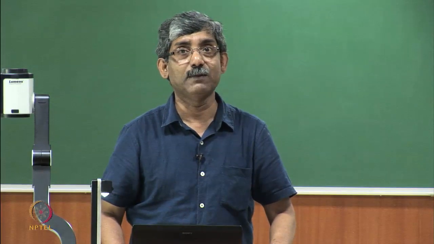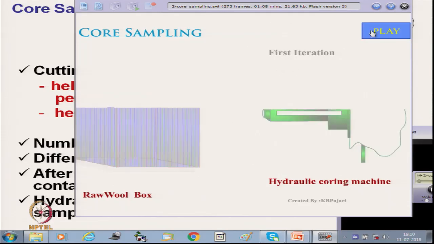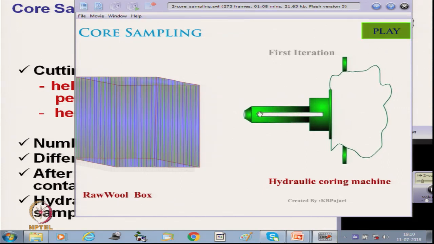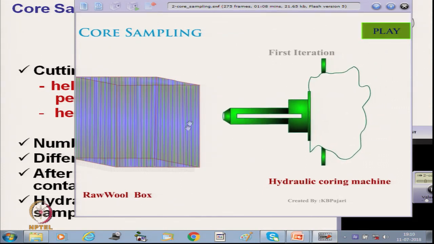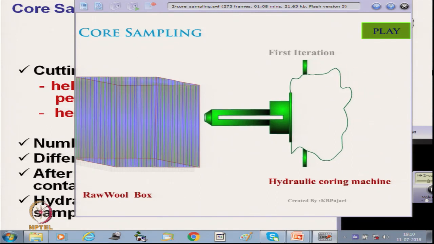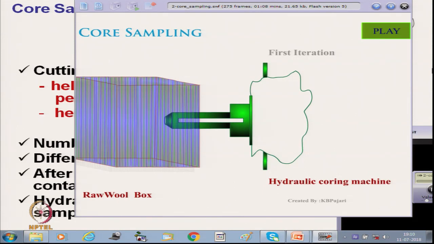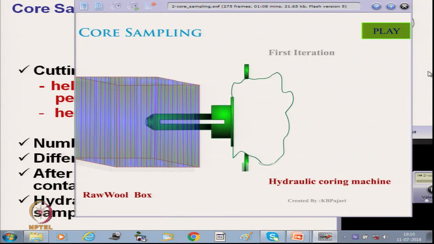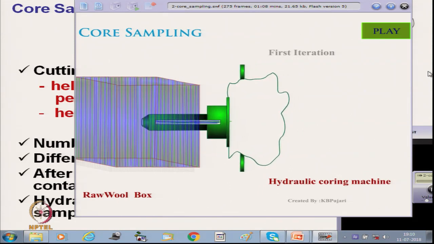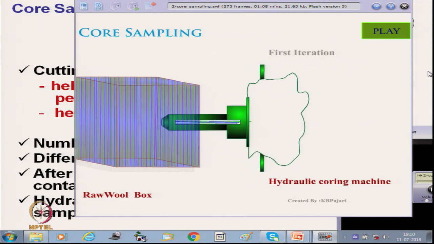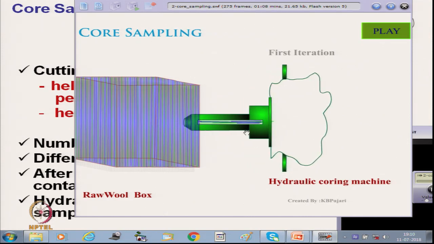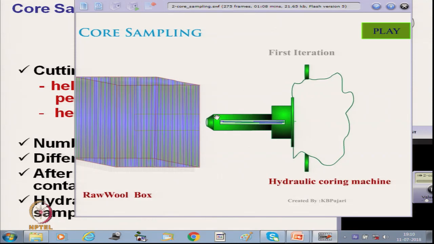Now, let us see the animation here. This is the coring tube and a bale of wool fiber, and it is penetrating inside. This is one core that has been withdrawn. Okay.